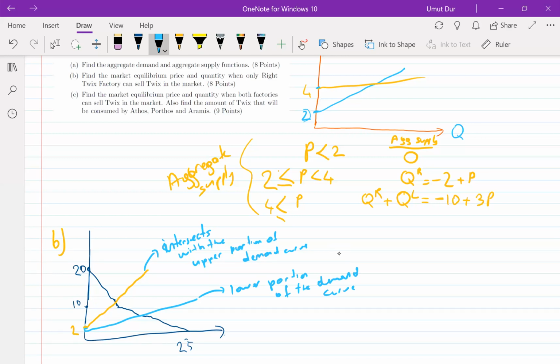Okay. So from our drawing, we cannot be sure about which portion is intersecting with which portion.